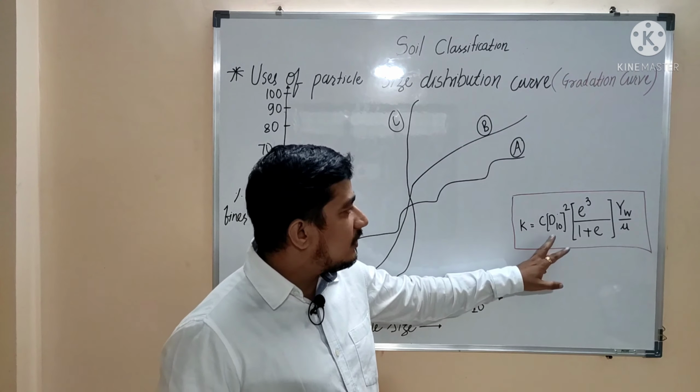So in case of curve B, this particle size will represent D10. D10 is also called the effective size because the permeability of a soil will depend on this. So it is considered as an effective size.